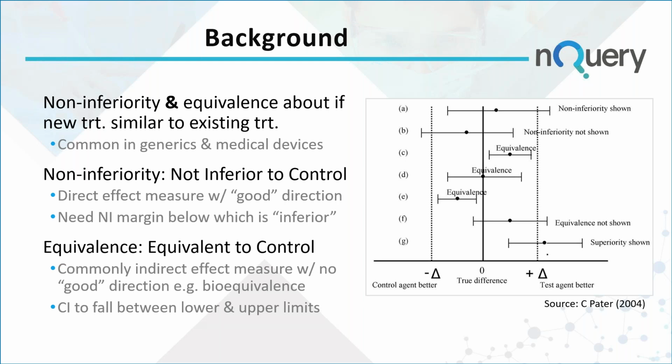And really, the only information that you need beyond your standard testing scenario for superiority is the addition of this non-inferiority margin, which is basically an effect size below which you would find your drug to be inferior. And you need to exclude the non-inferiority margin from being possible based on the hypothesis test or confidence interval approach that you'll be using.